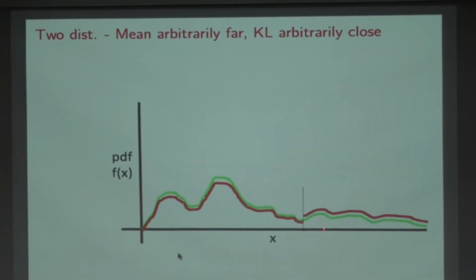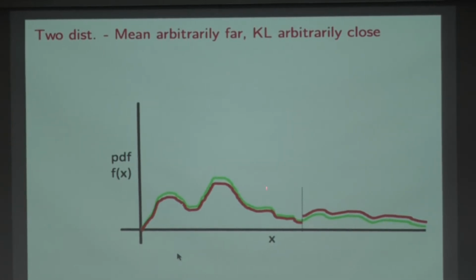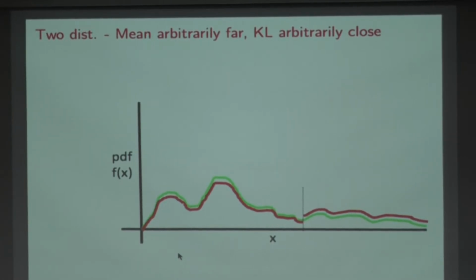This point is well chosen, right? So these two distributions can be shown to be arbitrarily close in Kullback-Leibler, as close as you want them to be. But by choosing this point carefully, their expectations can be arbitrarily far. So if your delta-PAC algorithm works on both of these distributions, then it has to separate these two distributions, and that's going to take a lot of work.